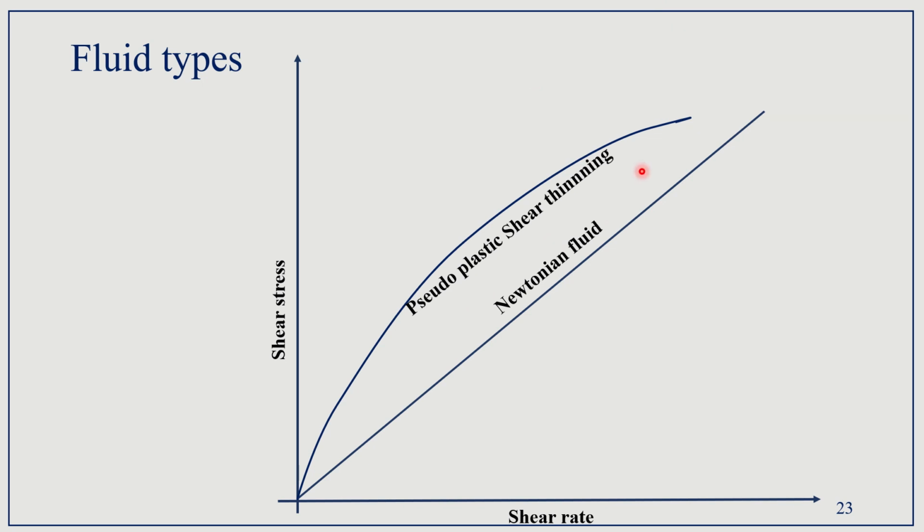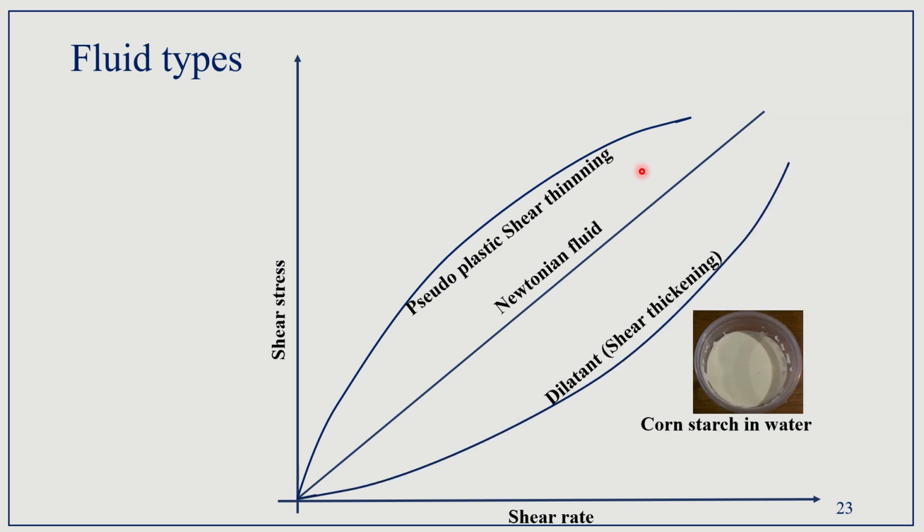The next category is dilatant fluids, or shear thickening fluids. Cornstarch in water is an example, because when shear stress is applied, the viscosity is found to be increasing.